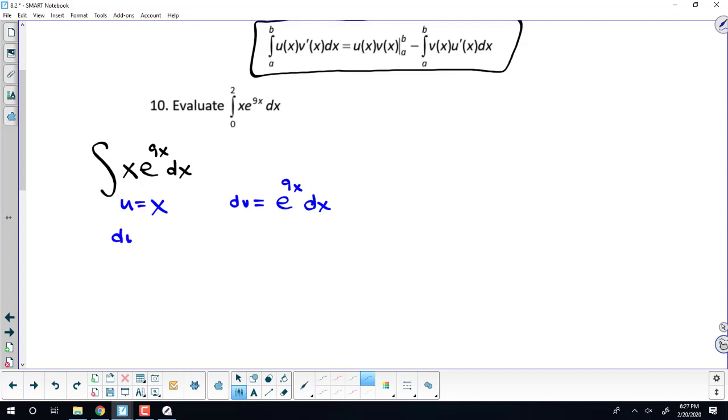Derivative of u is 1. Antiderivative of dv.